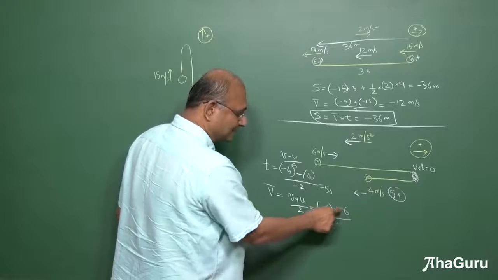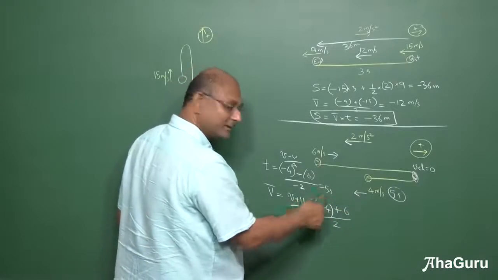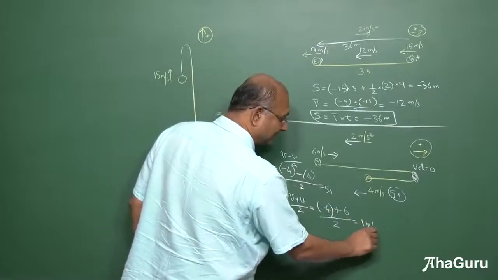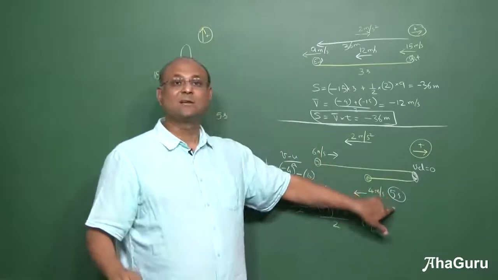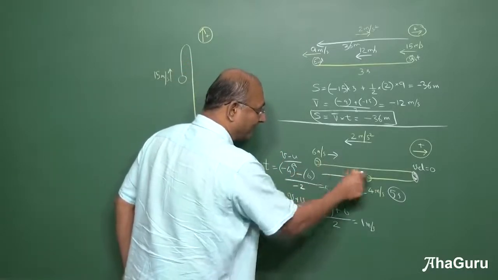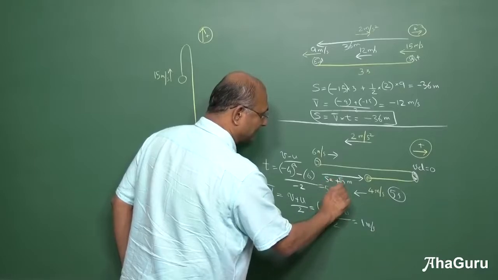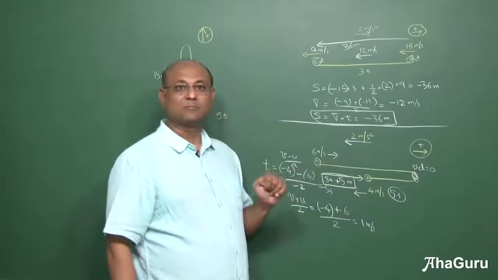So how much is this? 6 minus 4 is 2, 2 by 2 is 1. So the average velocity is 1 meter per second. So 1 meter per second into 5 seconds, 5 meters. The displacement from start to end is 5 meters. Can you see it is in this direction?